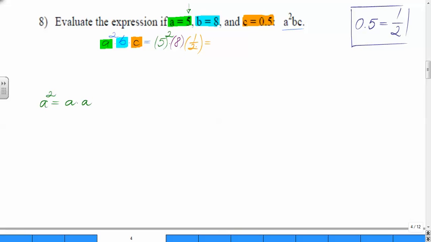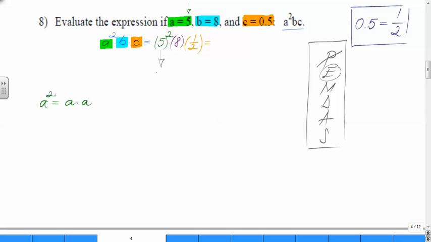Equals. What I keep reminding you guys in class, because you have different operations, why don't you please write the order of operations? PEMDAS. Do we have parentheses? Well, we have, but like I said, they're just for you to understand how the substitution was performed here. So I have no parentheses. Do I have exponents? Yes, I have.